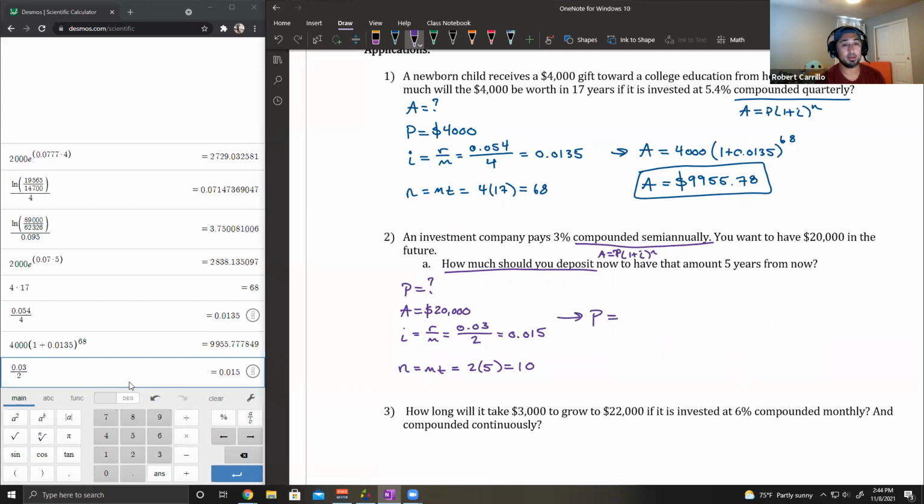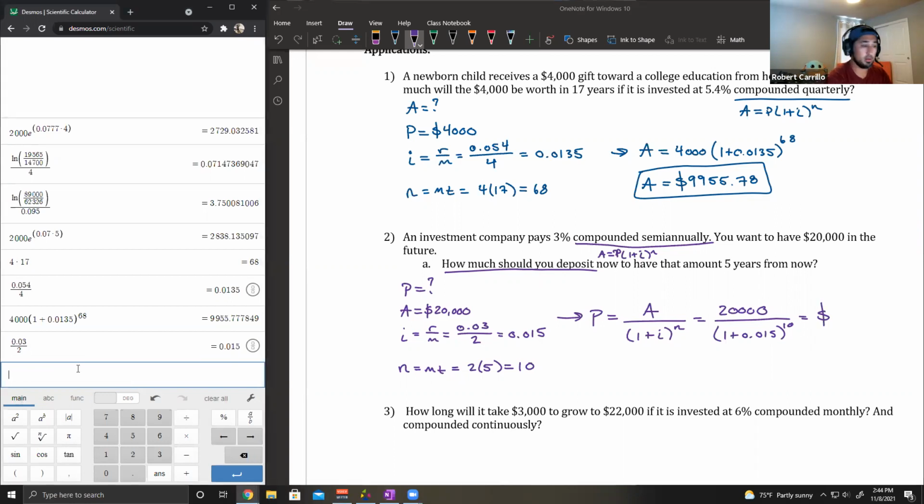Okay. And since we're solving for P, remember that this is the formula we're using. P equals A over 1 plus i to the n. So we want to have $20,000 in the future over 1 plus 0.015 raised to the 10th. Okay.